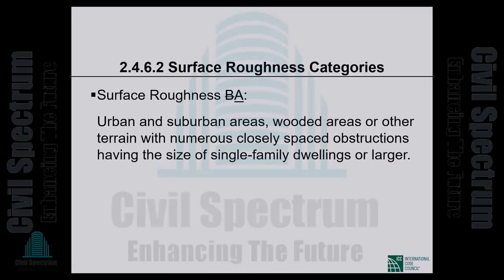Surface roughness A definition is urban and suburban areas, wooded areas, other terrain with numerous closely spaced obstructions having the size of single-family dwellings or larger.